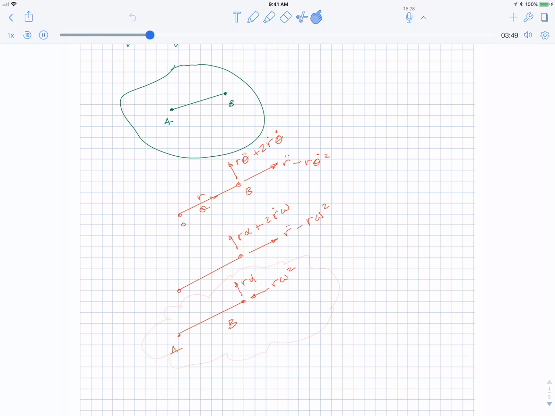So whenever you see B relative to A, this is what you need to think of. Just think in your mind, B spinning around A, which means an R alpha tangentially, and I'm assuming alpha is positive counterclockwise, and then an R omega squared from B pointing back to A.